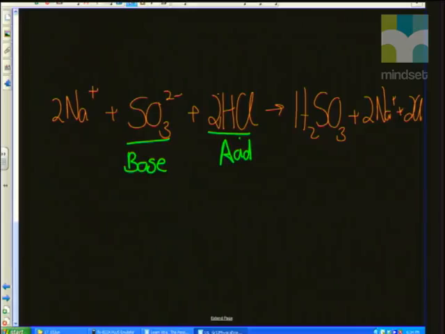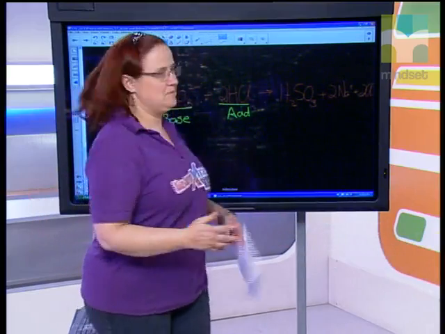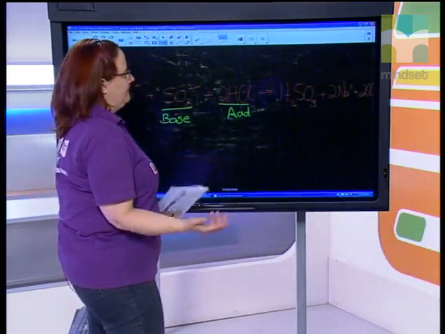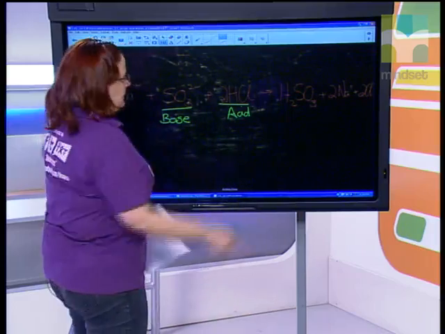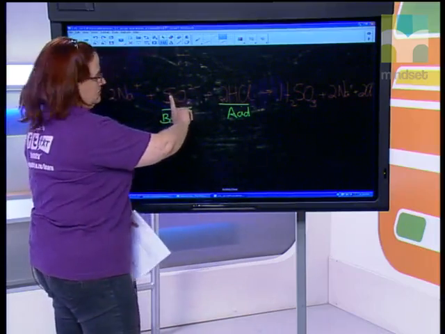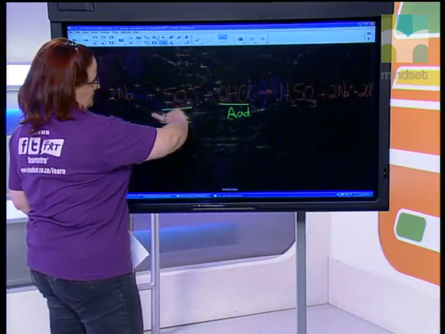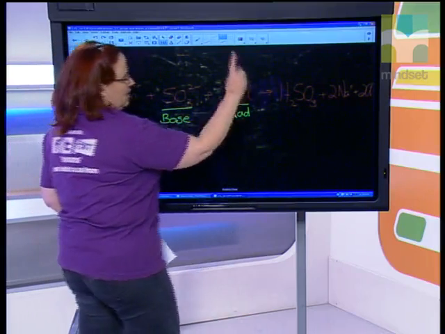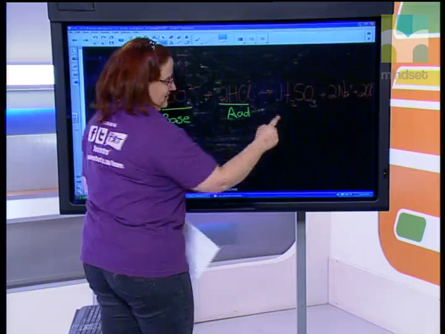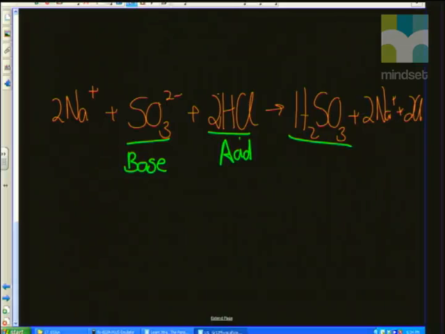The Na+ is a spectator. It's there because I needed something to keep the SO3 2- company, but it's not actually changing. The HCl gives its hydrogen to the SO3 2-. That makes this here become an acid. So this is a conjugate acid.